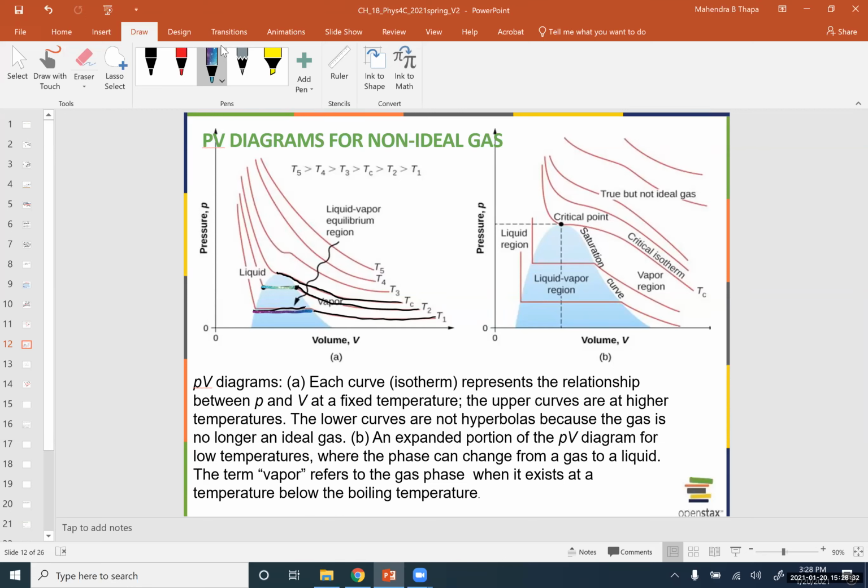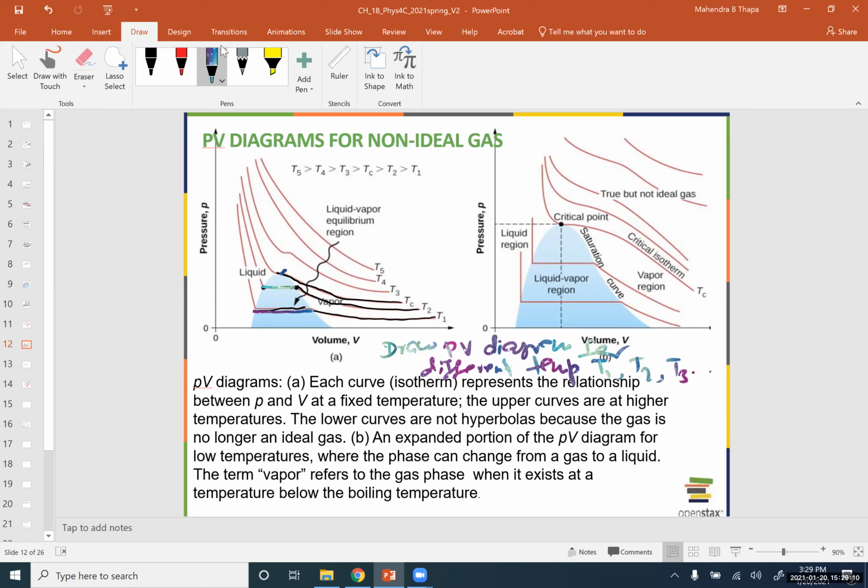If you keep increasing the temperature and plot the PV graph, what we are doing here is drawing the PV diagram for different temperatures, starting with T1, T2, T3, and so on.